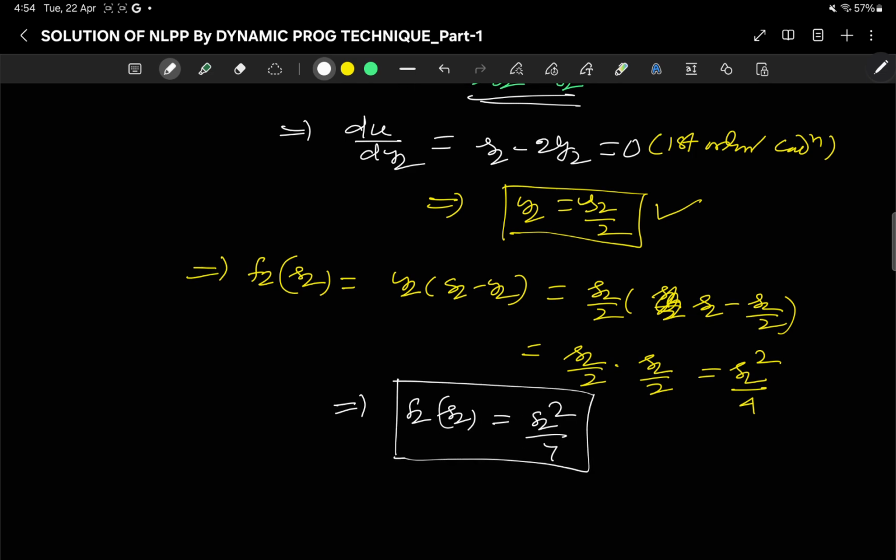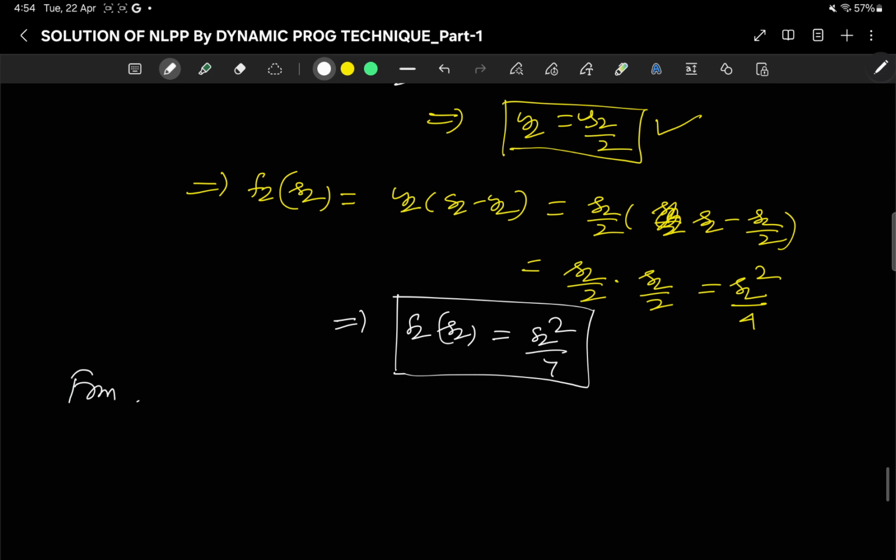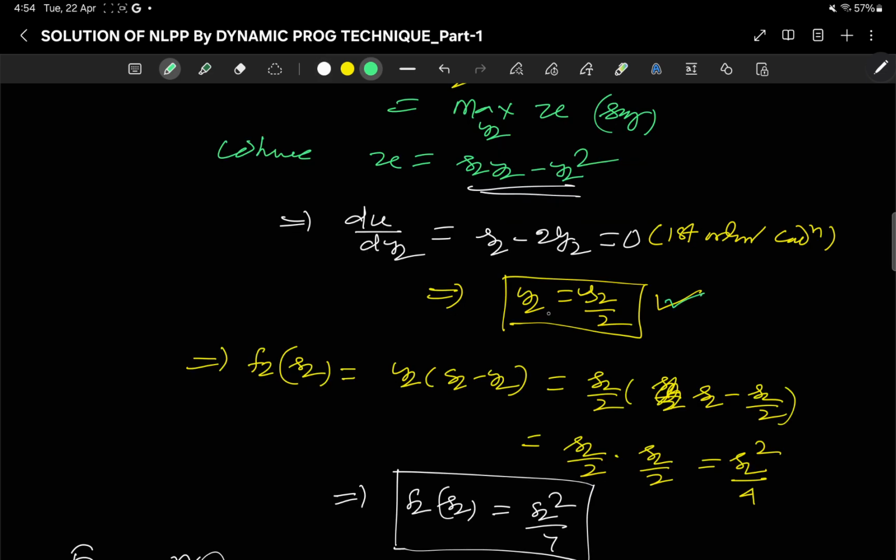Now we move to equation 3. From equation 3 we get y2, but we have to ensure that it is a maximization. So we differentiate again: d square u by dy2 square is minus 2, which is negative, so it leads to maximization.